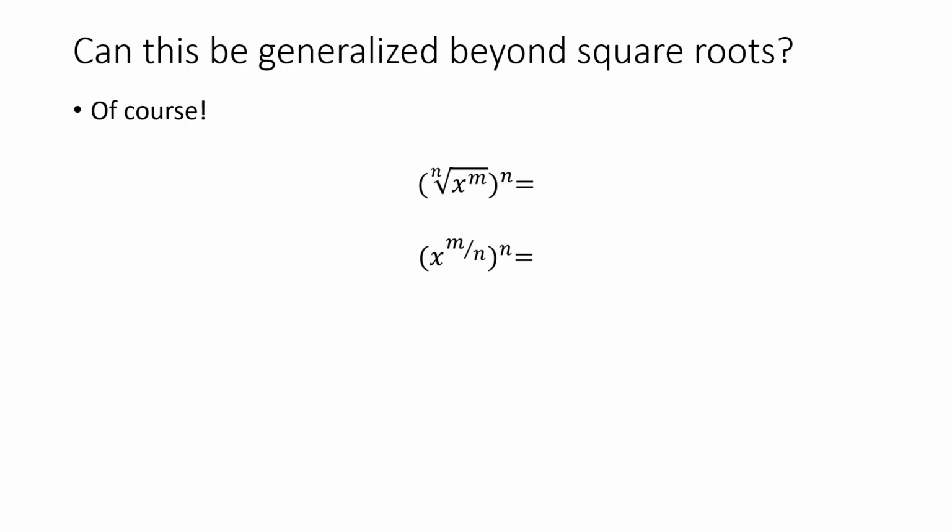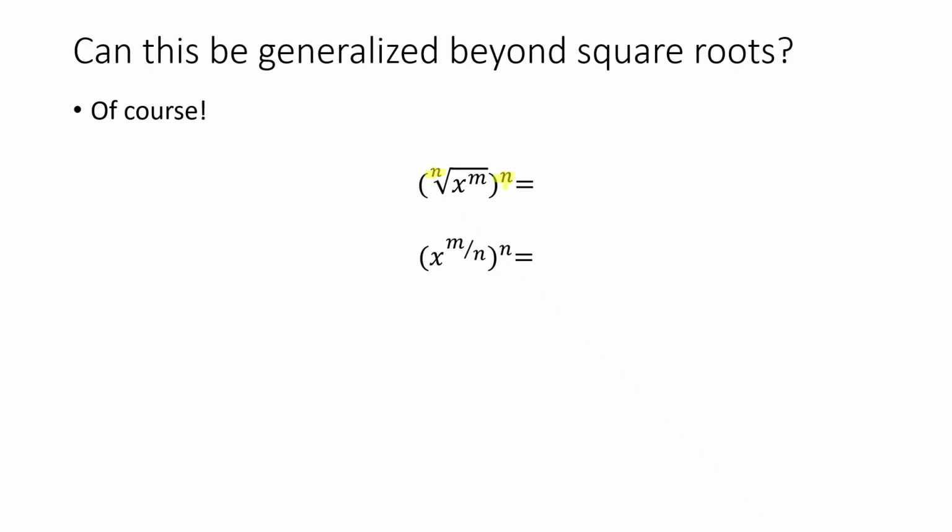So let's go with m's and n's. So here I have the nth root, and I'm raising it to the nth power. Okay, so I'm going to highlight that. We want to be able to focus our visuals on the right things. So we have the nth root, and we're raising it to the nth power. And we know that those would undo each other.